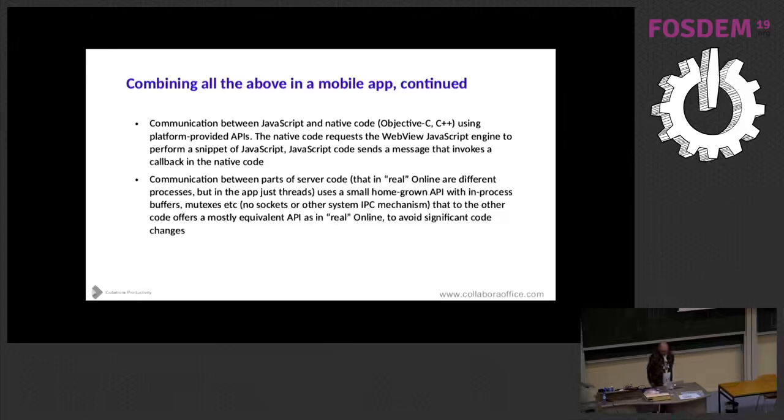We didn't want to do any large-scale code changes to the online C++ code, so these, we call them fake WebSockets, make the code look more or less the same.